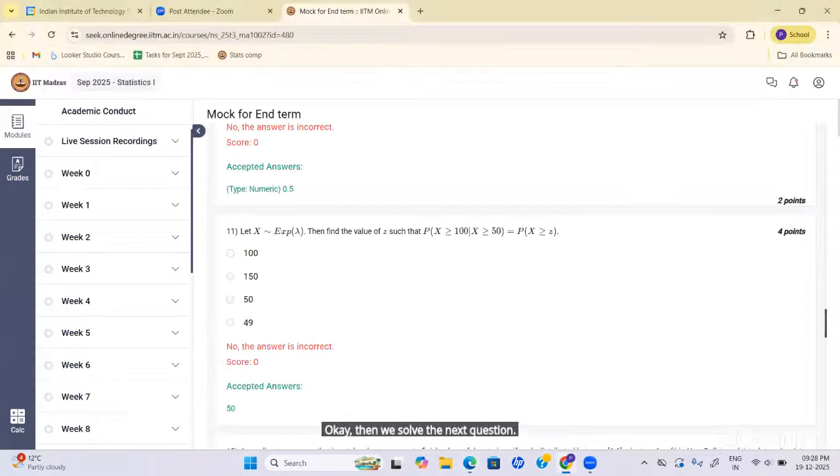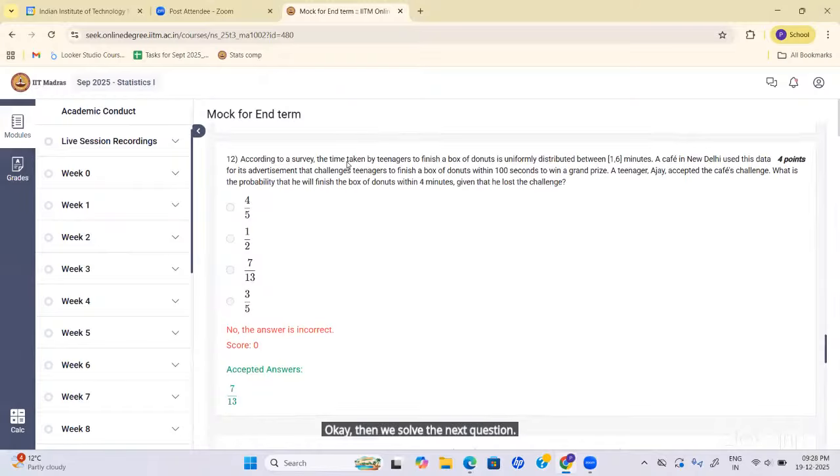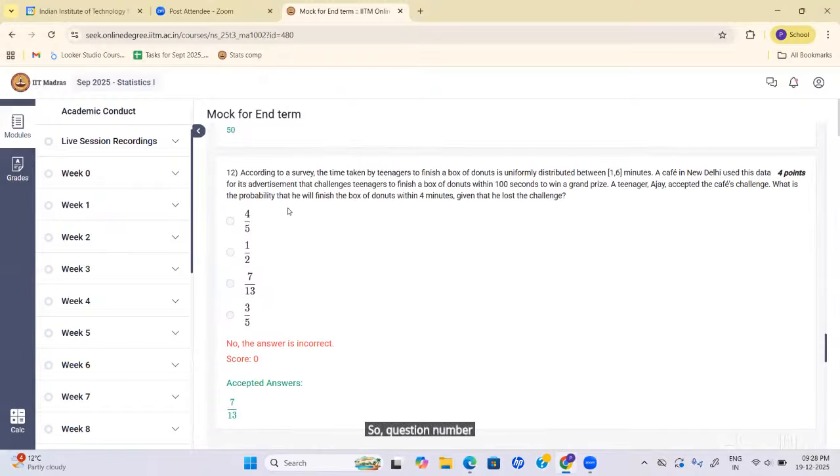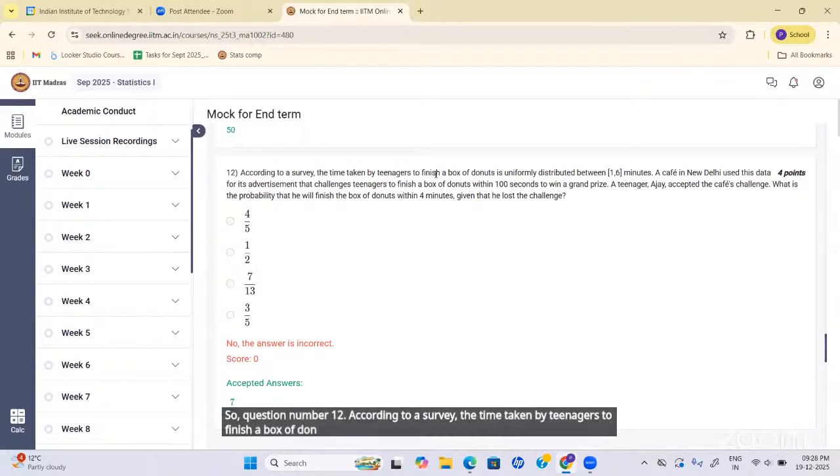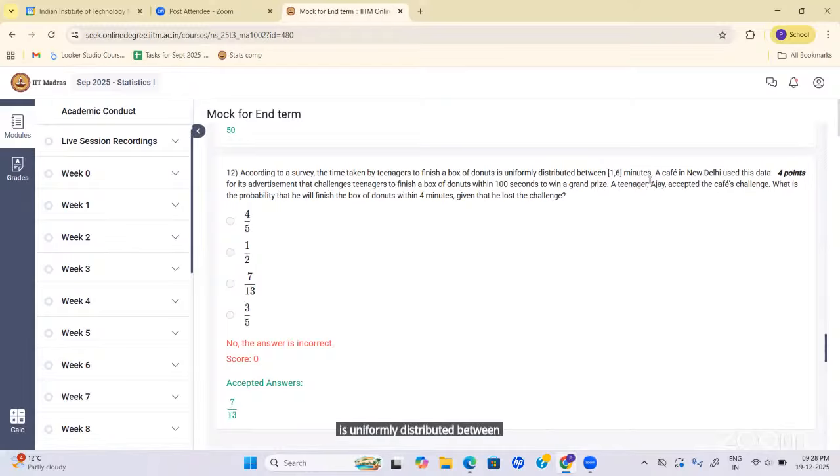Okay, then we solve the next question. Question number 12. According to a survey, the time taken by teenagers to finish a box of donuts is uniformly distributed between 1 to 6 minutes.